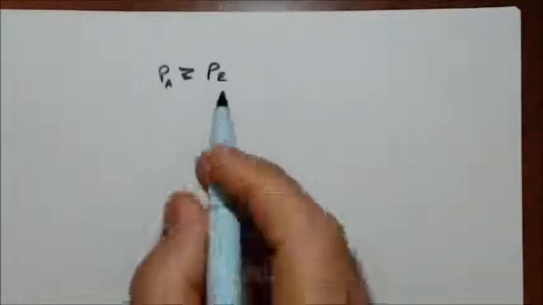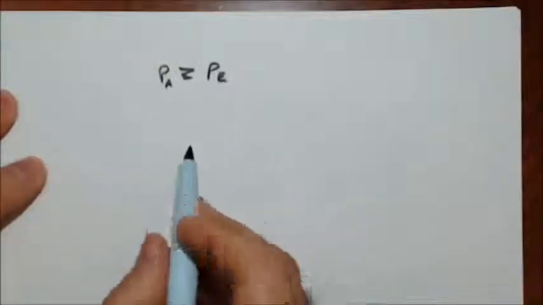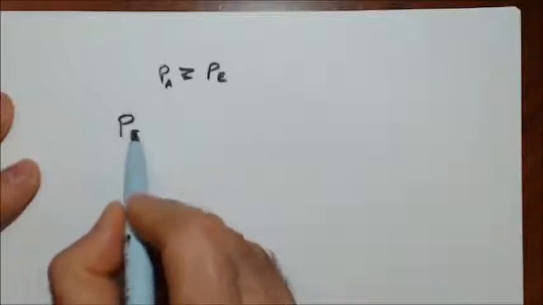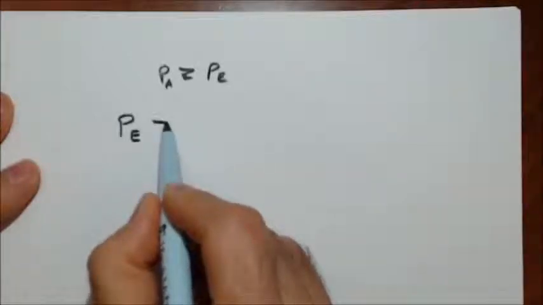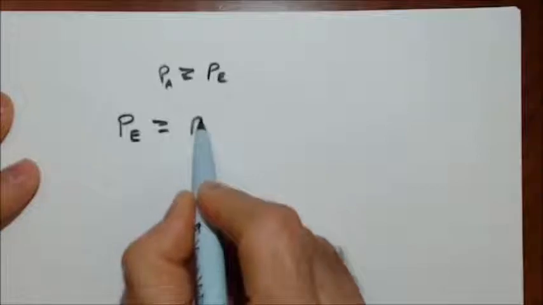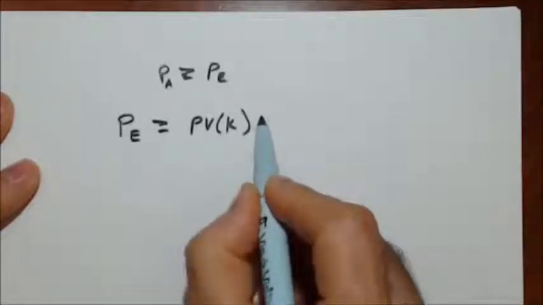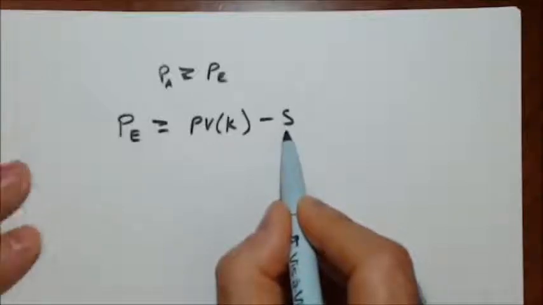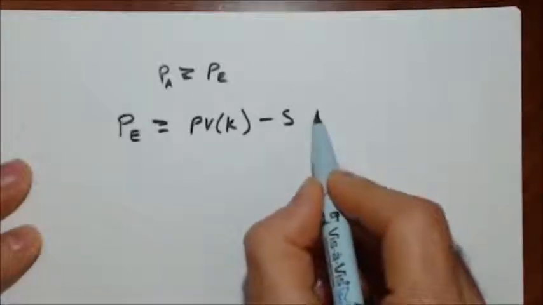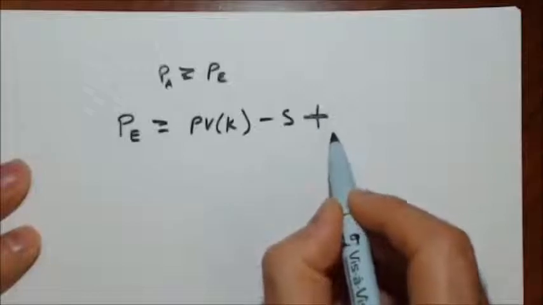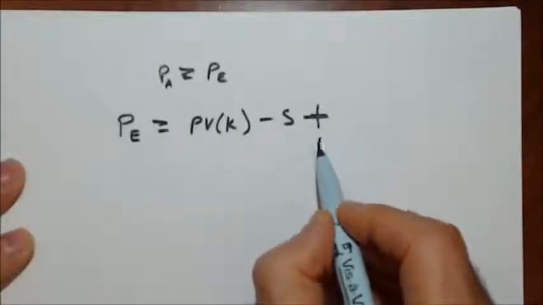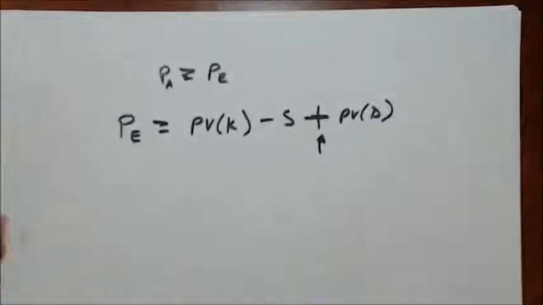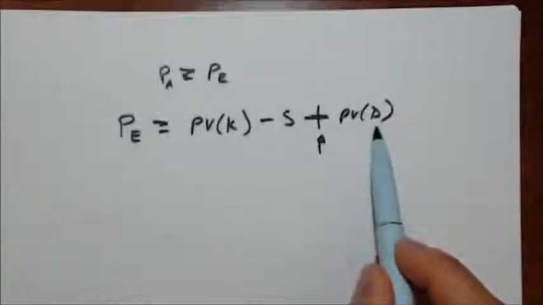Now, what happens when a stock pays a dividend? When the stock pays a dividend, for a European put, the put is greater than or equal to the present value of K minus the stock price, plus, and I have a typo in my notes on page 9, this needs to be a plus, the present value of dividends that we're going to receive during the life of the option.